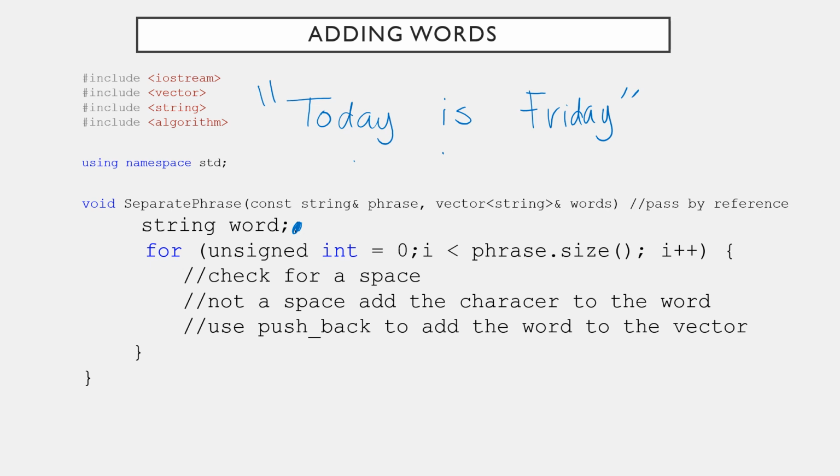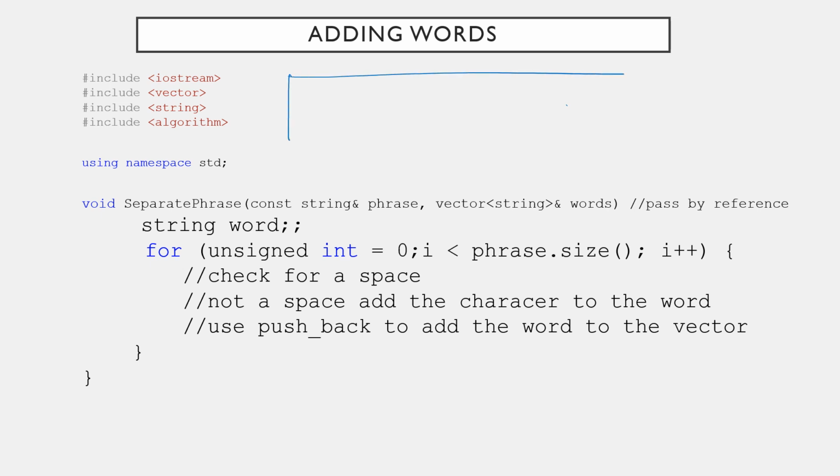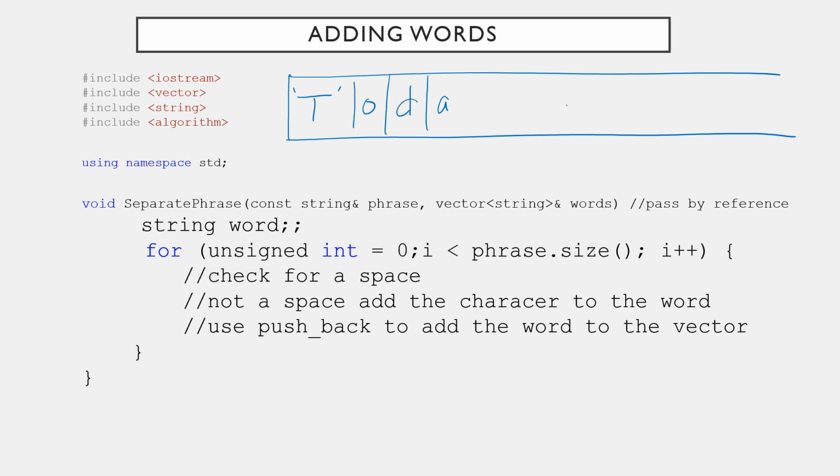So let me just kind of draw a picture of what we're going to do, and then we can talk about these functions. So what you're going to do is you're going to have your phrase. Your phrase is going to be stored as a character array. These are characters. I'm not going to draw all the things, but T, O, D, A, Y, space, that's a space, I, S, space, Friday.